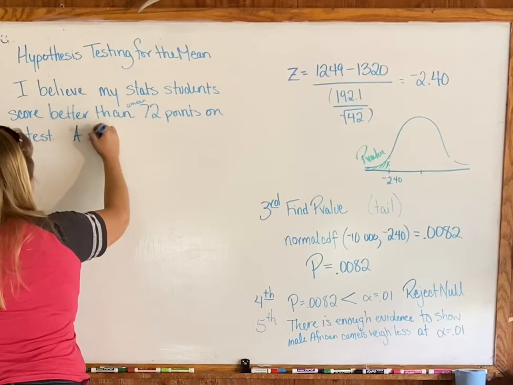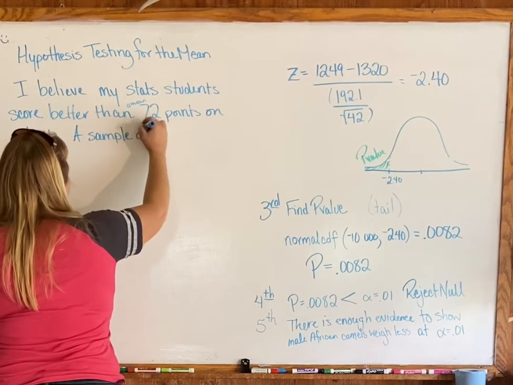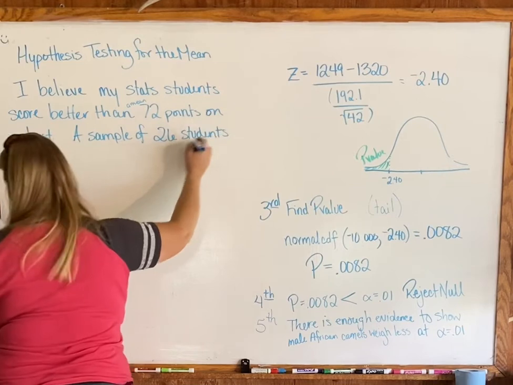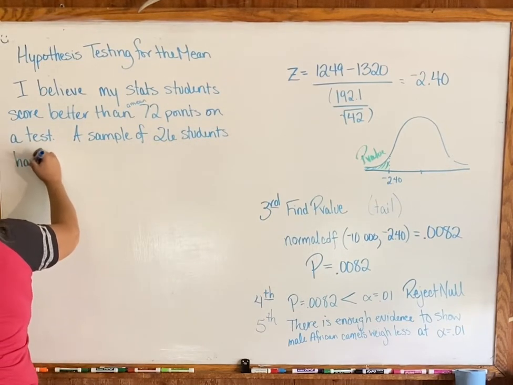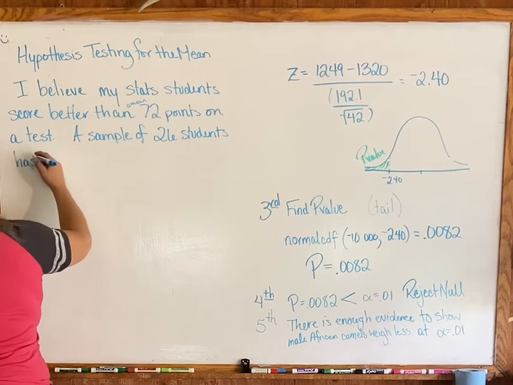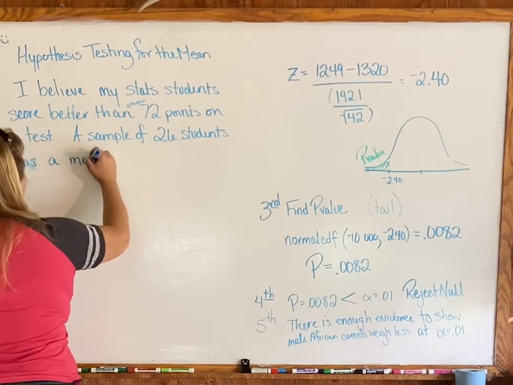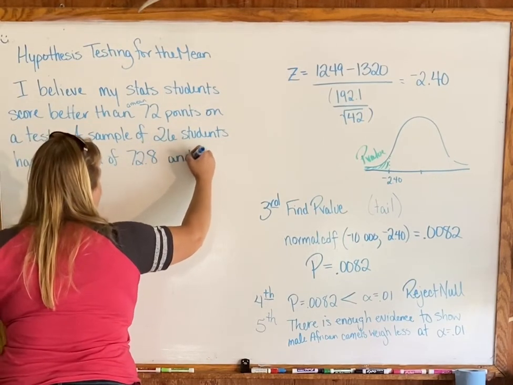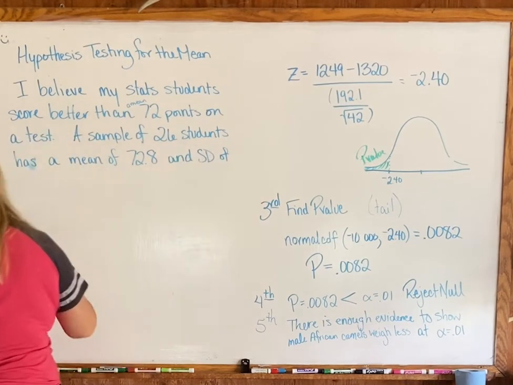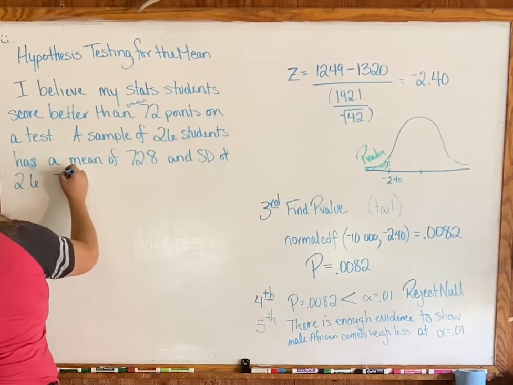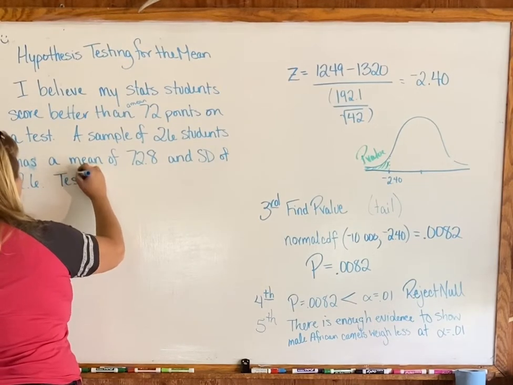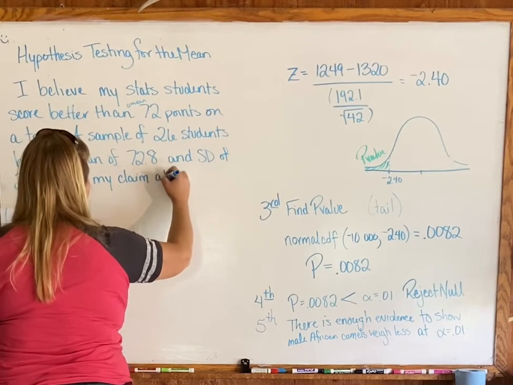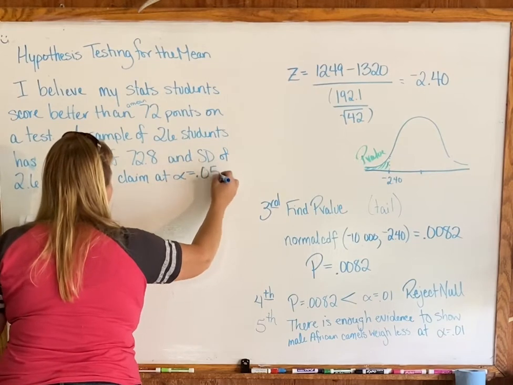A sample of 26 students has a mean of 72.8 and a standard deviation of 2.6. Test my claim at alpha equals 0.05.